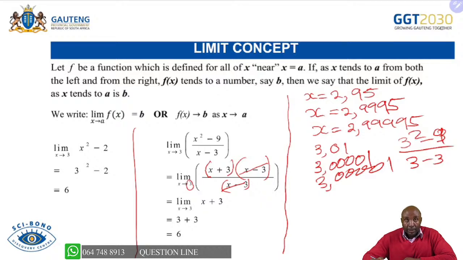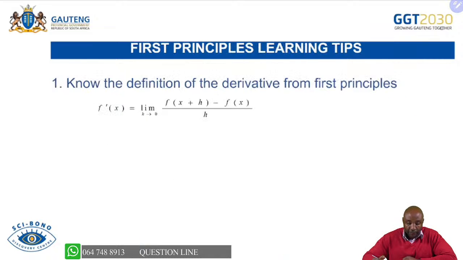I chose these two deliberately so that we are able to understand how the concept of a limit works. You will realize this when you are working with first principles, where we have f dash of x as the limit as h approaches 0 of f of x plus h minus f of x over h.